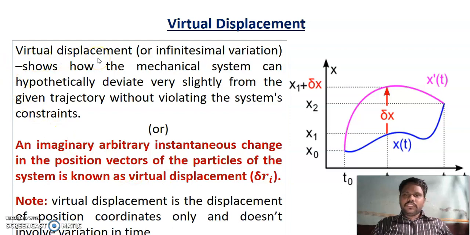Virtual displacement shows how the mechanical system can hypothetically deviate very slightly from the trajectory without violating the system constraints. Note, the virtual displacement is the displacement of the position coordinates only and does not involve time.